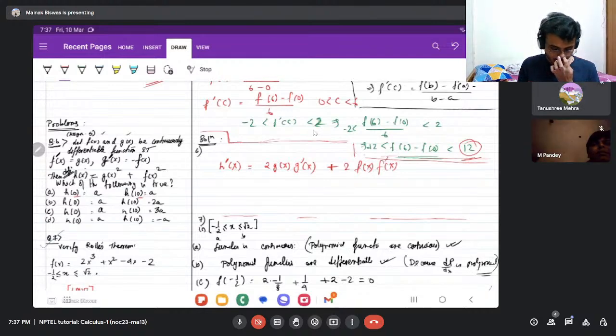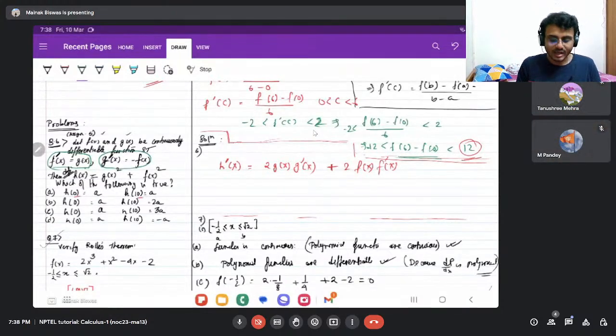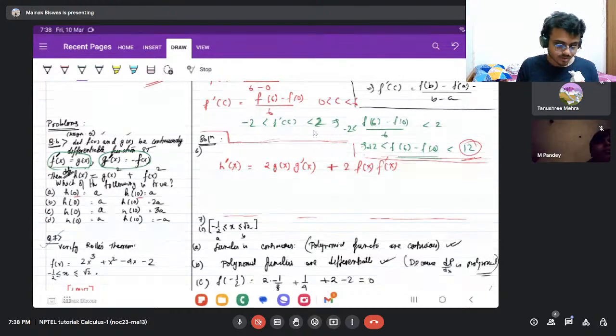Yes, sir. Just put the value. See, another hint is the derivatives are given, right? Yes. Why do you think the derivatives are given? For you to use, right?